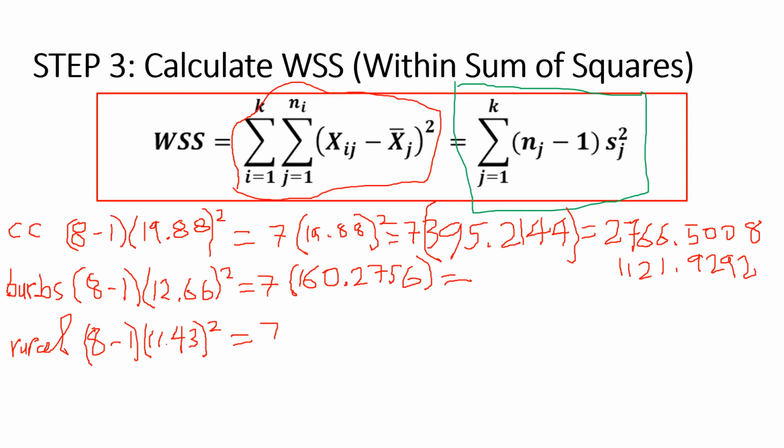So 7 times 11.43 squared. If we square 11.43, we get 130.6449.